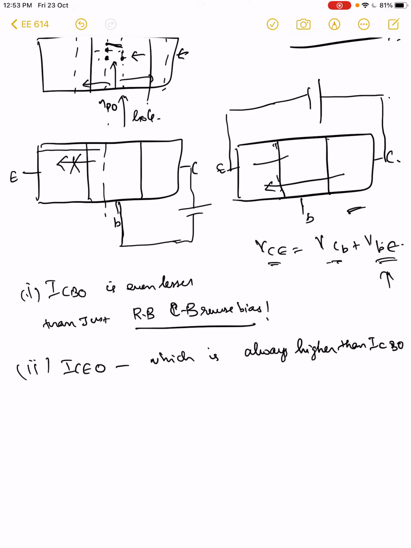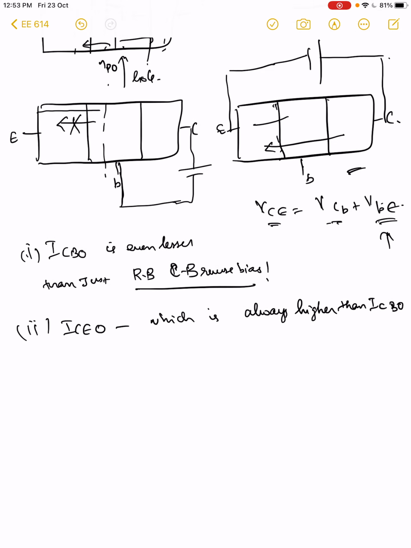We saw that ICEO is basically ICBO divided by 1 minus alpha T, alpha T being the base transport factor. If this value is close to 1, you can see that ICEO is always much larger than ICBO.